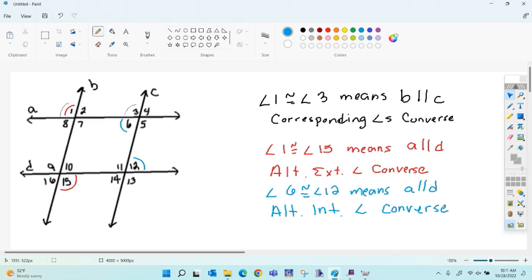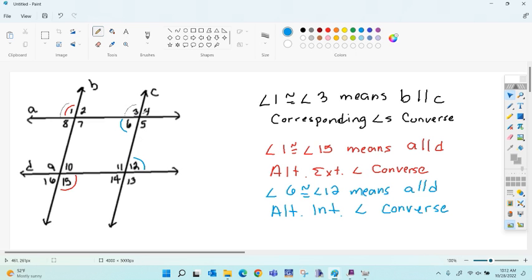Question, Isaiah? Is 12 not an exterior angle? Oh, no, it's inside. Never mind. Ask your question again, Sierra. I thought 12 was an outside angle, but I just realized that 13 is the outside angle, right? So 12 is an outside angle if you're looking at transversal B. But since the other angle that we're looking at is 6, you have to consider C being the transversal because it's the one that they both are relating to.